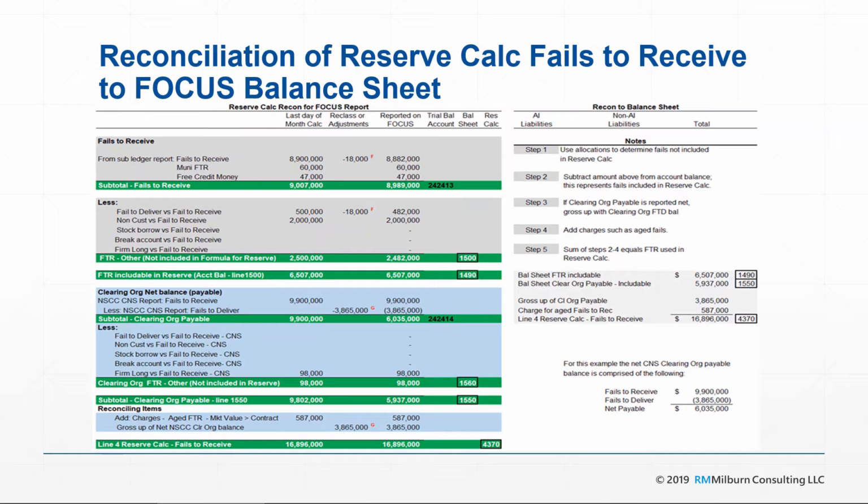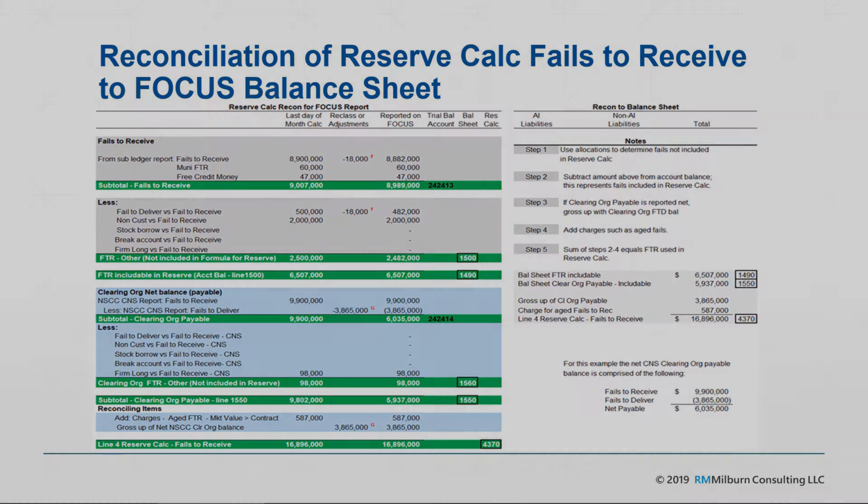Step 3 is to add in any charges for aged fails to receive. Step 4, if your NSCC CNS balance is shown net, then you gross it up with the fails to deliver. Step 5, sum up all these items together. You'll come back to the reserve calc fails to receive line 4370.